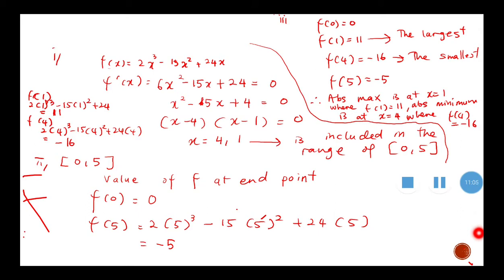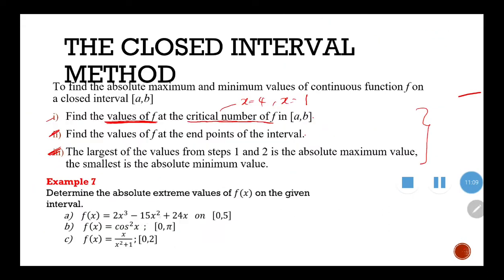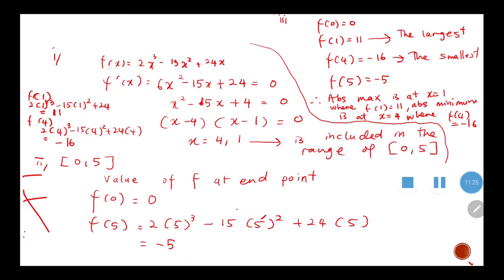Now let's recap back. The question wants us to find the absolute extreme values of f(x) on the given interval. First, you must find the values of f at the critical number. So to find critical number, what you must do? You must derive the function first and then equal it to 0.